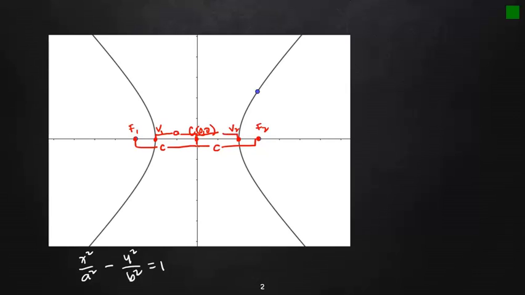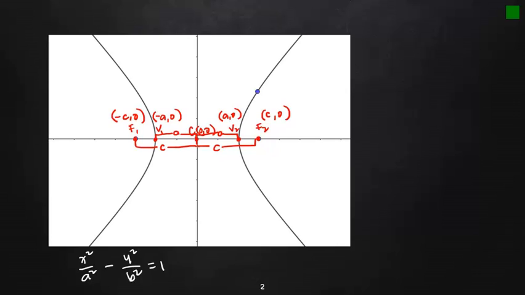Therefore, the coordinates of v sub 2 is (a, 0), the coordinates of v sub 1 is (negative a, 0), the coordinates of f sub 1 is (negative c, 0), and the coordinates of f sub 2 is (c, 0).